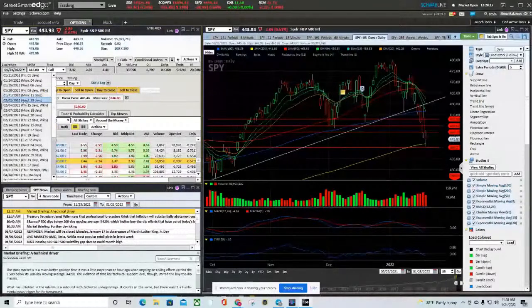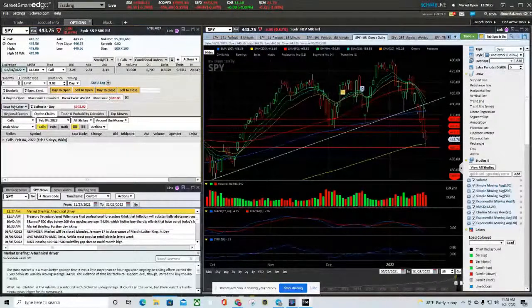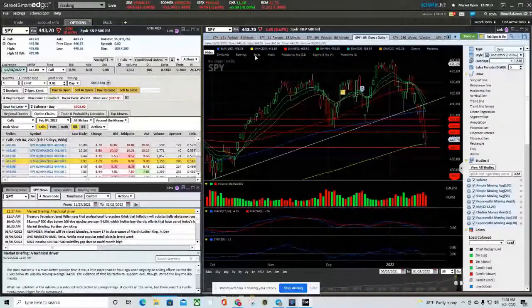So February 4. Yeah, let's look at February 4. We wanted to do a call option, and we're currently at 444. Let's just say we think it's going to go to 456. So we could do a 445 call or a 450. Interesting. Let's see.